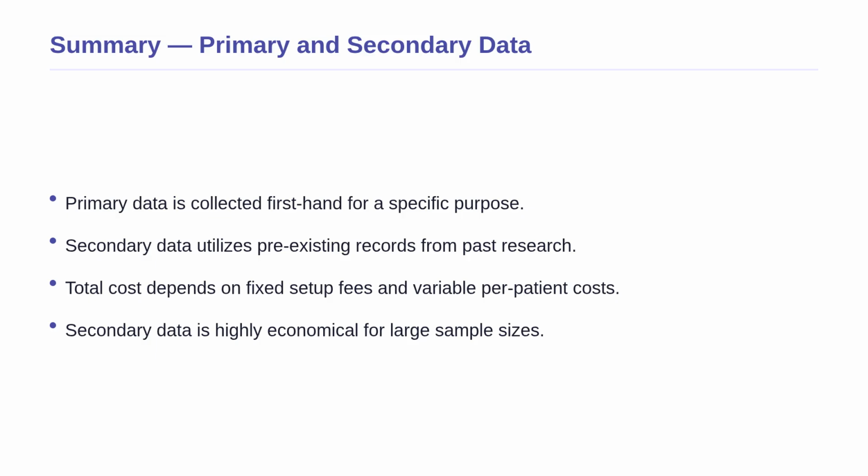Third, we learned that the total cost of any study depends heavily on fixed setup fees and the variable costs per patient. Finally, because the variable cost of secondary data is often zero, it remains highly economical, even for massive sample sizes. You now have a solid understanding of how to evaluate data sources for your future biostatistical research. Great job!